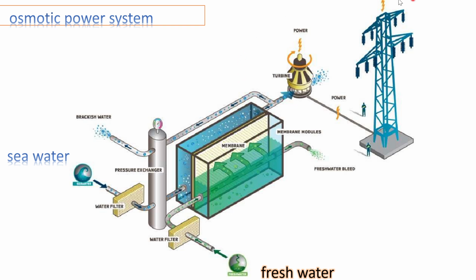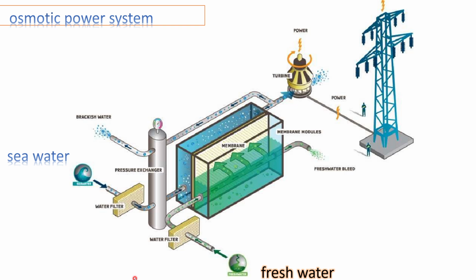It's a very complicated system and very expensive in the mode of operation of osmotic power systems in real life. So the application of this system is very tough and the amount of electricity is not very high. It depends upon the speed of flow of water and the infrastructure developed.